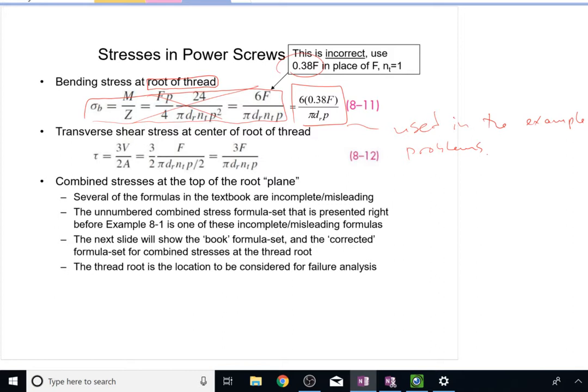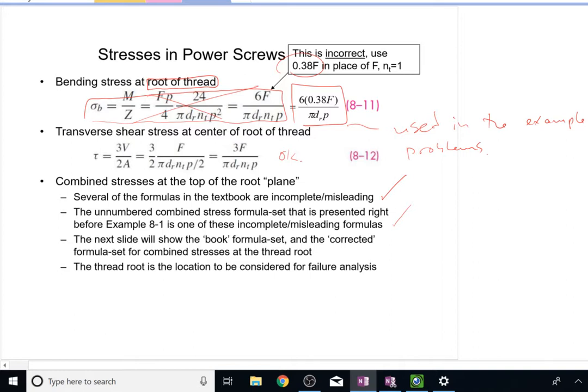Transverse shear stress at the root of the thread. Again, this one's okay. The combined stresses at the top of the root plane: there are several formulas in the textbook that are incomplete and missing. I think I've corrected them here.